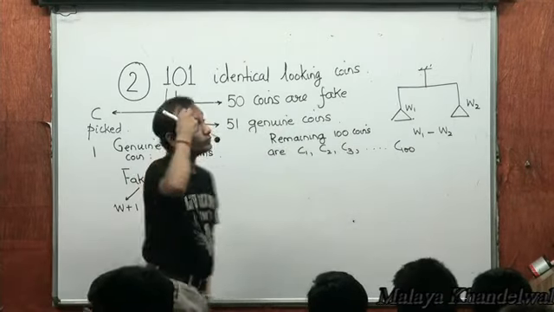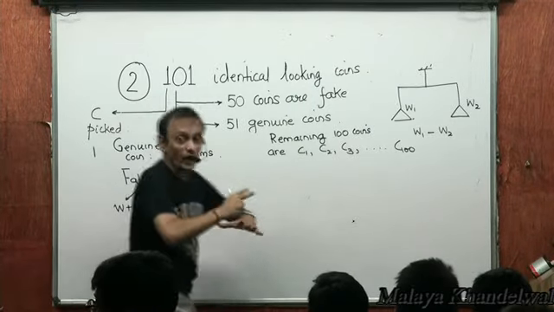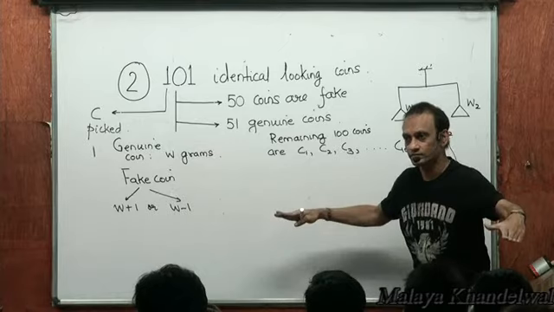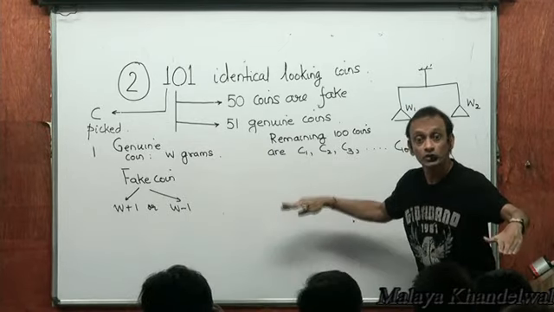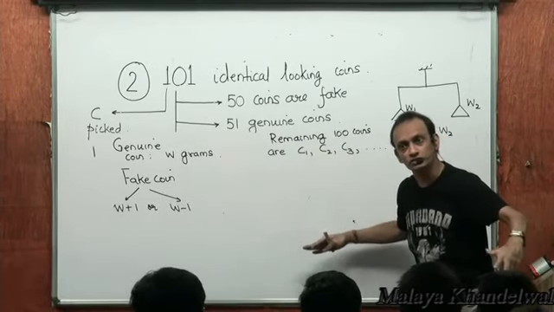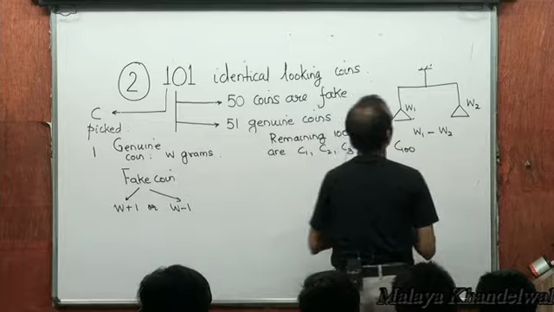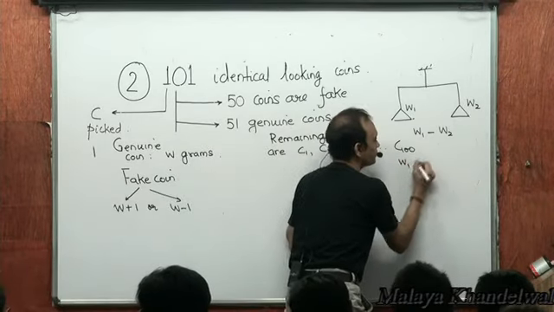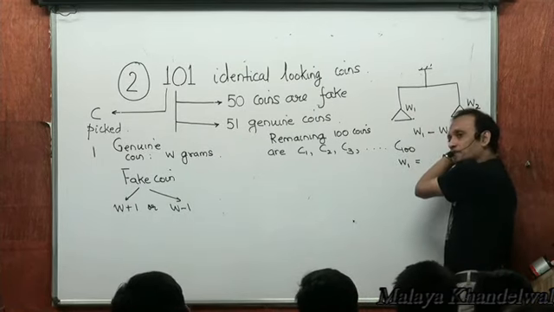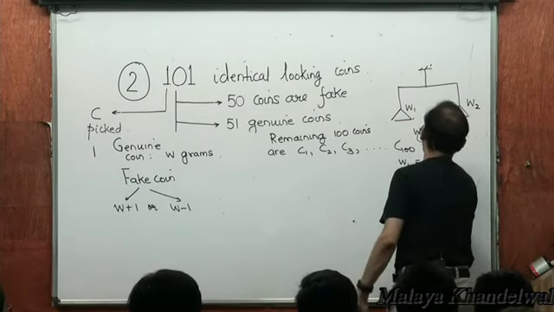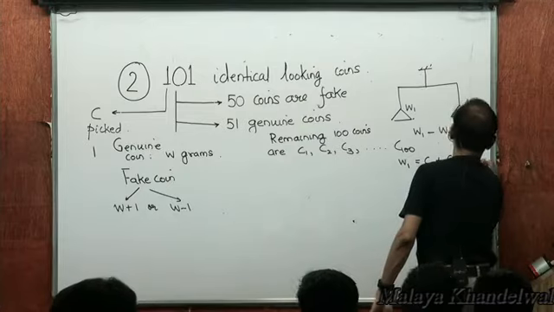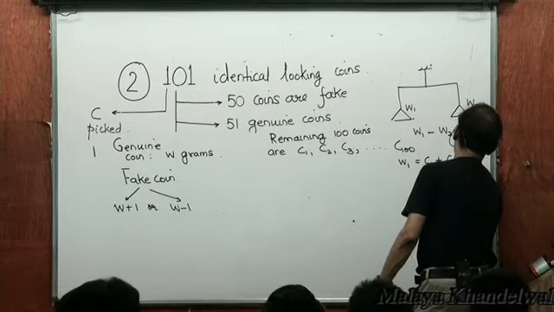Now, what I do is I break these 100 coins into two groups of 50 coins each. Say W1, for example. I place 50 coins here and 50 coins there. That means W1 is C1 plus C2 plus ... plus C50.